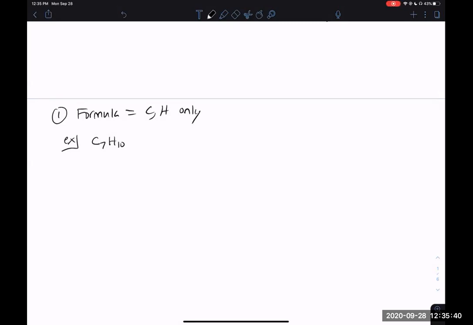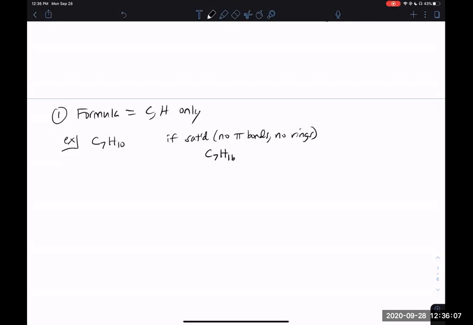You just figure out what it would be if this were saturated, so there were no pi bonds and no rings. It's just straight out, let's say heptane, for example. It would be C7H2N plus 2, so 2 times 7 is 14, plus 2 is 16, C7H16.